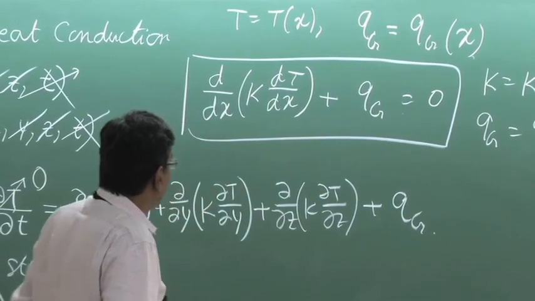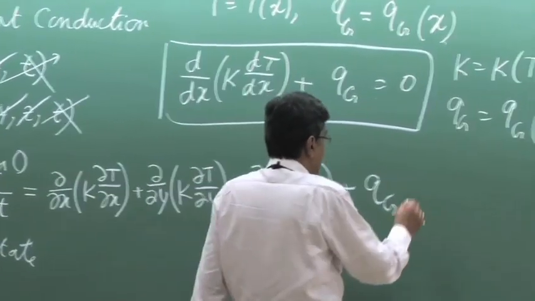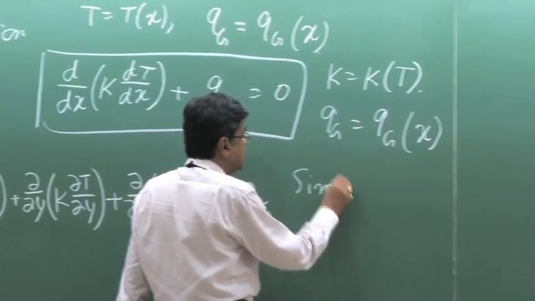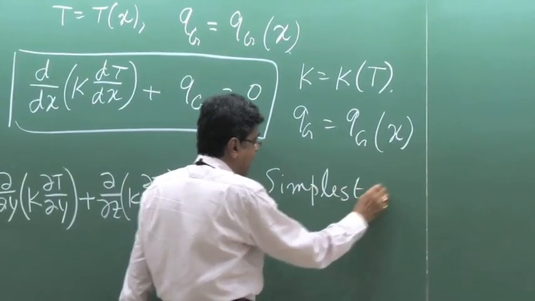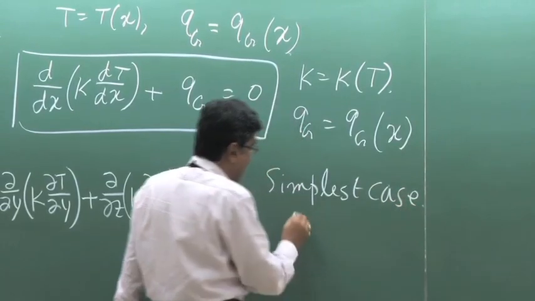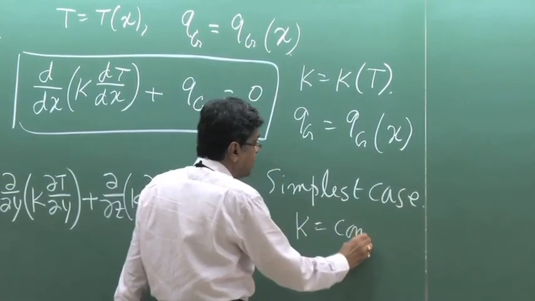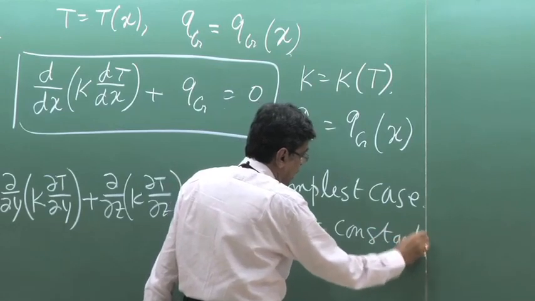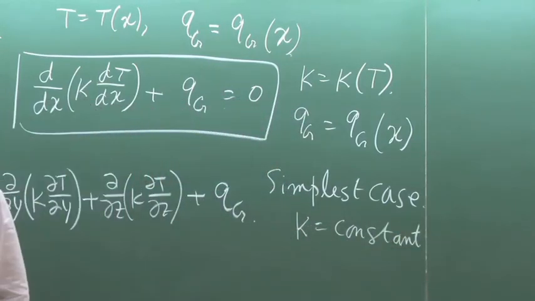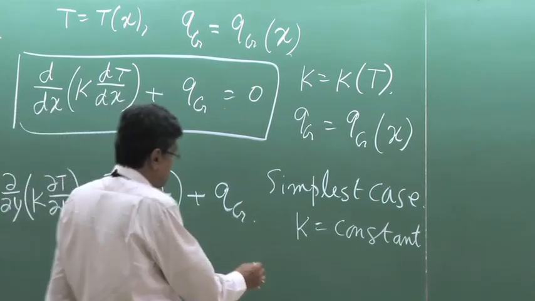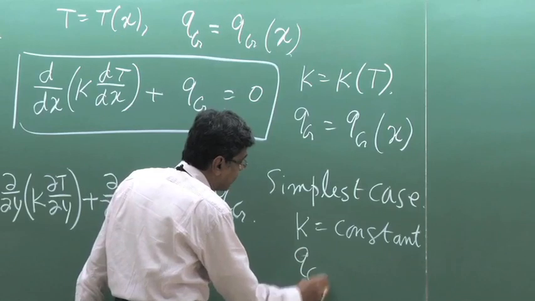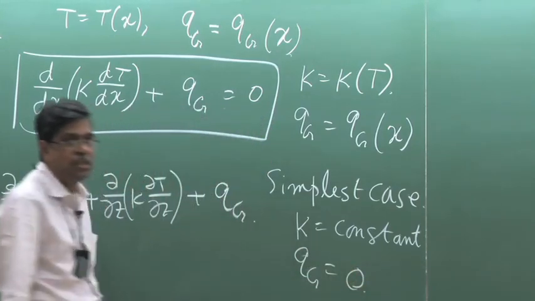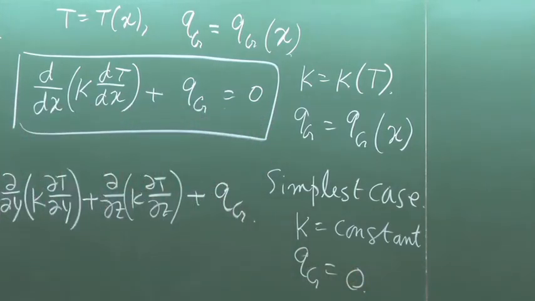Now, for a very simple case, the simplest case, when k is constant, that means k is not a function of temperature, thermal conductivity is constant in the direction of heat flow, and there is no generation of thermal energy, that means Qg is 0 at each and every point, then what happens?